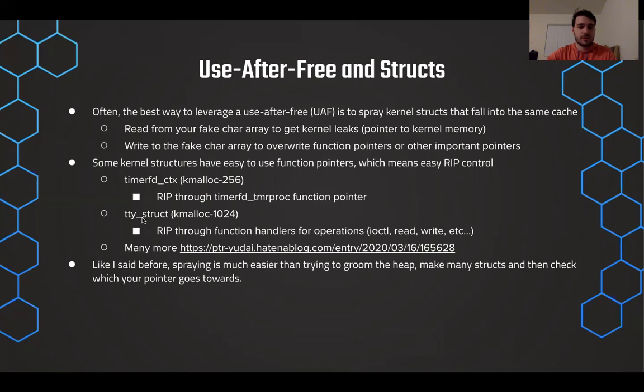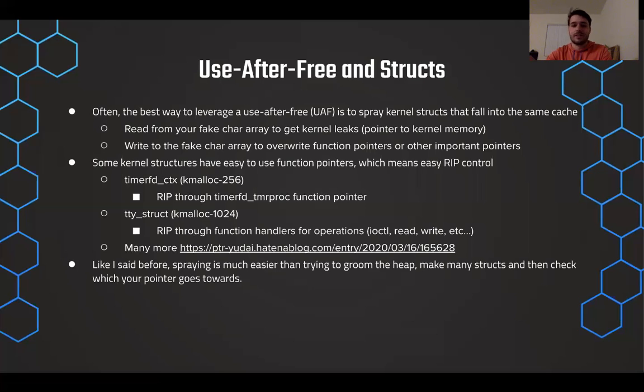This other struct that people use a lot is the TTY struct. There's also TTY file operations. It also points to the file ops, and those have all these function handlers for reading, writing, IO controls, all of these things.